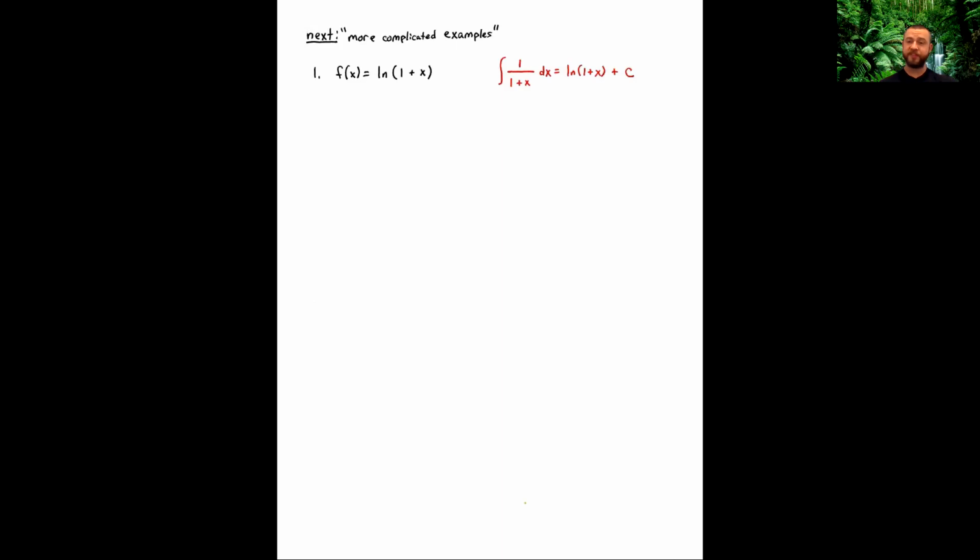Well, what's going to work for this example is we're going to make the connection, the antiderivative or integral of 1 divided by 1 plus x, that integrates to natural log of 1 plus x, plus c, of course. All right, now you might be saying, wait a second, Professor Anderson, 1 divided by 1 plus x doesn't fit our geometric series result.